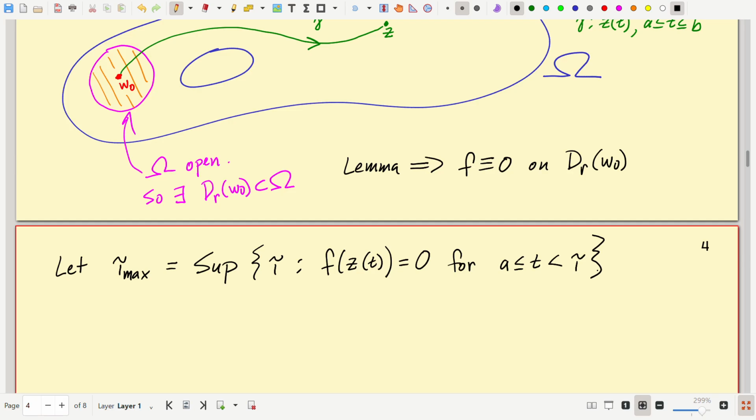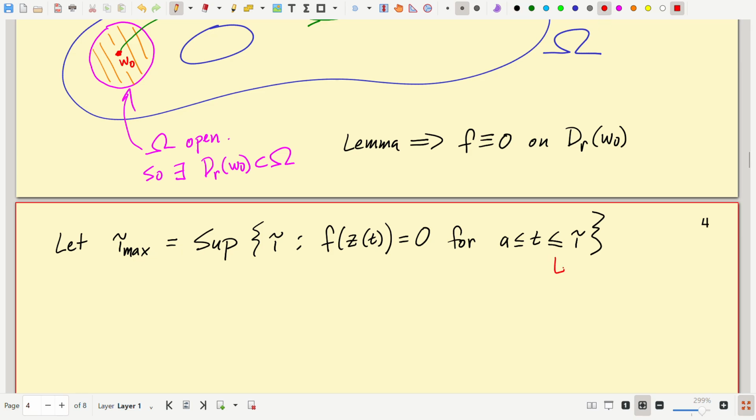Identically 0 until you maybe get to tau, and then that might be the last place. It's hard to figure out how it could be the last place. But let's see, if it were 0 for all those t, then by continuity, it would also be 0 at the end point. So if it's 0 to the left, by continuity, the tau would have to be included in that set.